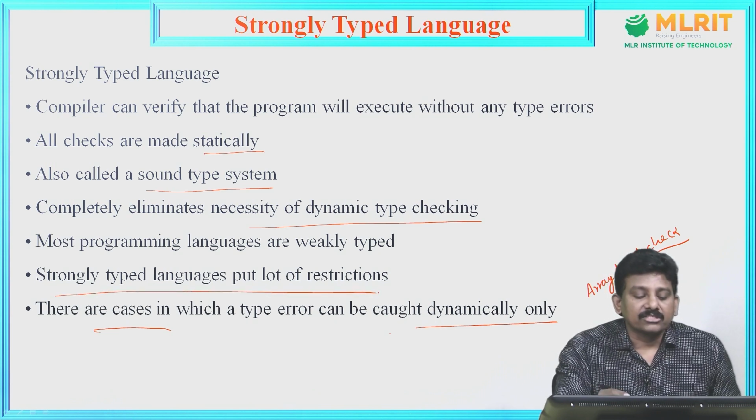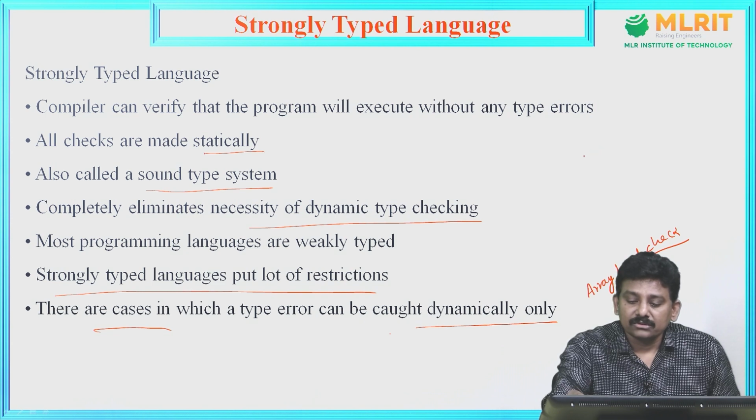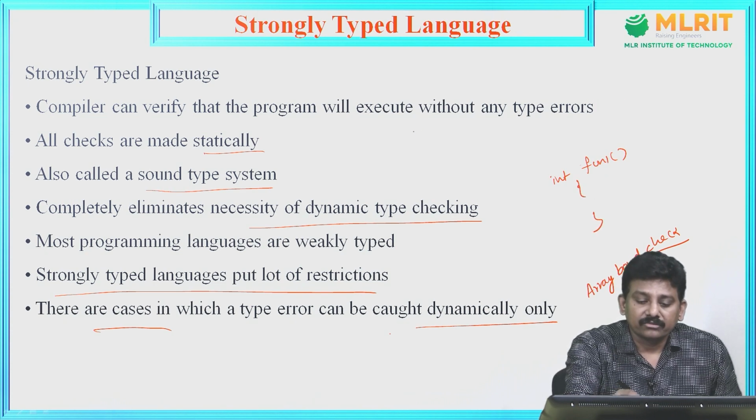Strongly typed languages put a lot of restrictions. That means the compiler writer, the developer, should think about this. For example, there is a function, but this function is called from another function.